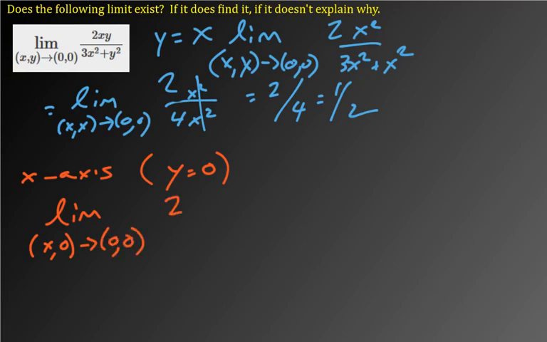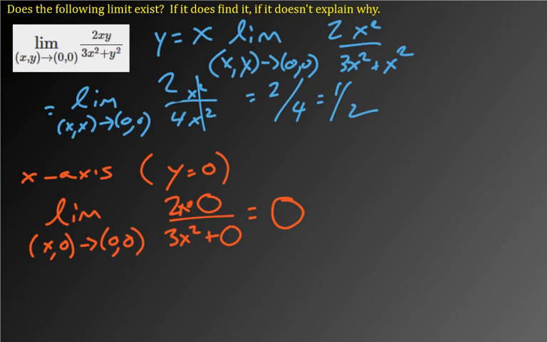And then you've got 2 times 0 up top, times x, but I guess I should put that in. Then you have 3x squared, plus 0. And so the 0 on top is basically going to take over, and so you're going to be able to just say that it equals 0.